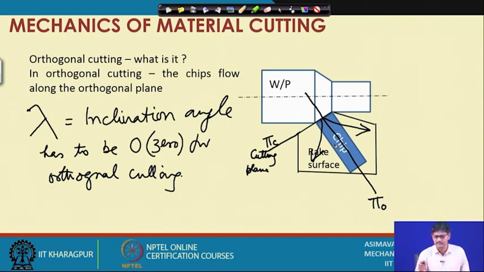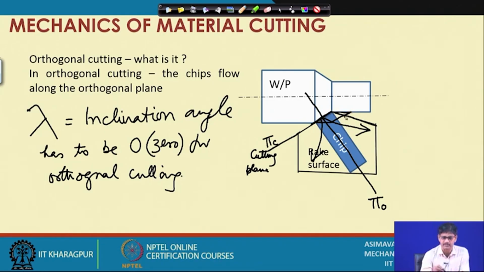What are the other effects? Another effect can be, for example, this particular auxiliary cutting edge, which does part of the cutting. The material is removed by the cutting tool by the combined action of this cutting edge and that cutting edge.